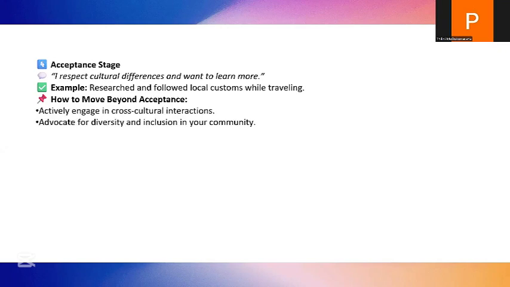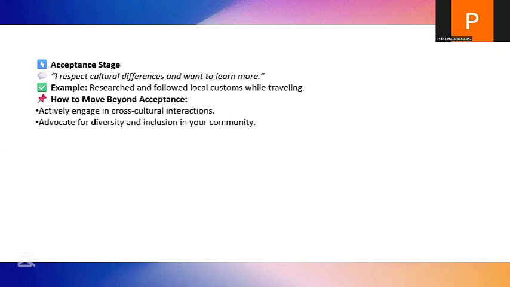The fourth and final stage we are going to talk about here is the acceptance stage. There you come to a realization that you have identified the differences between cultures, and you research and you have followed some of the local customs while traveling maybe, so you respect cultural differences and you are trying to learn more, so you accept and also you are more open to them, right?